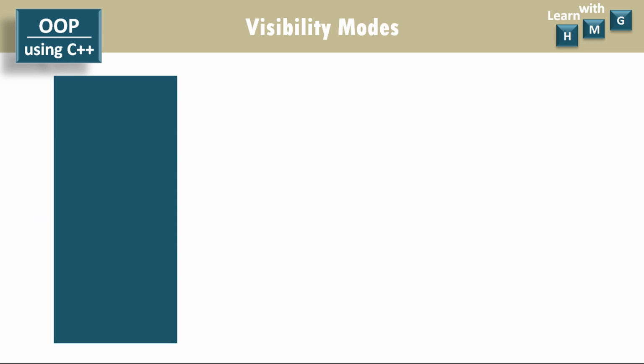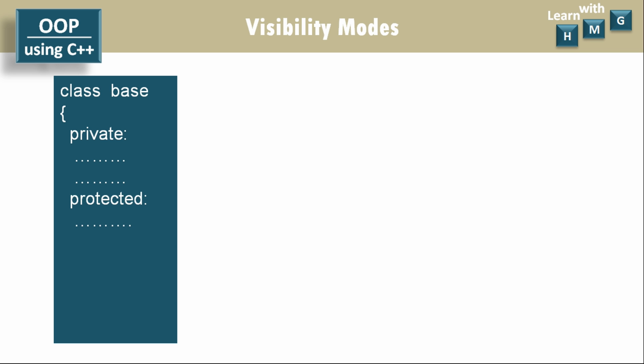Let us see how they are used. Suppose base is a class. You can have a private section, that is private mode, under that the data members, then protected mode, under that the data members, then public mode, the member functions or data members, and end of the class. So these keywords are used in this particular sequence.